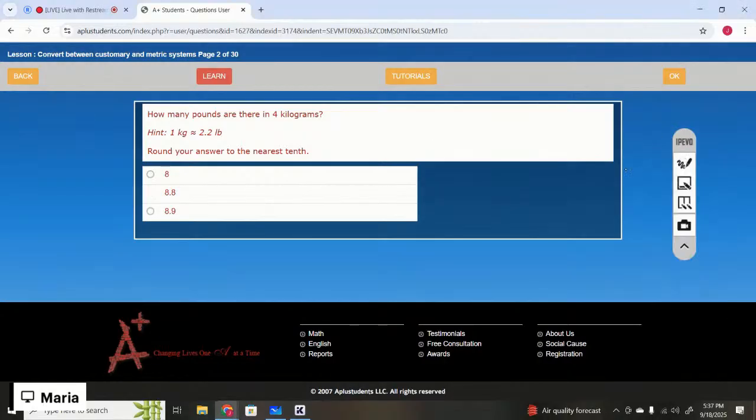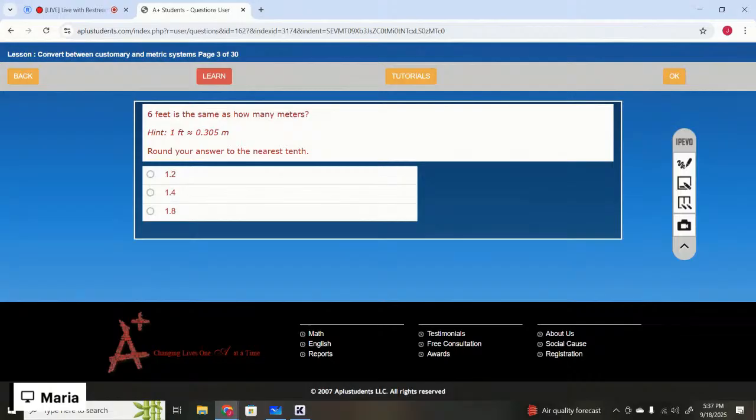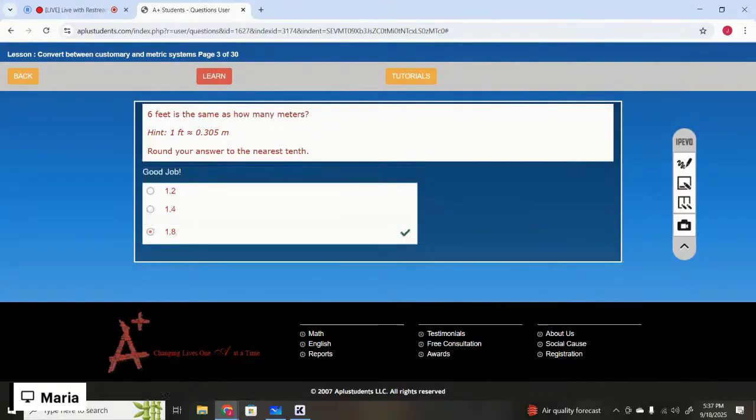That is 8.8. Option number 2 is the correct option. Six feet is the same as how many meters? That is 1.8. Option number 3 is the correct option.